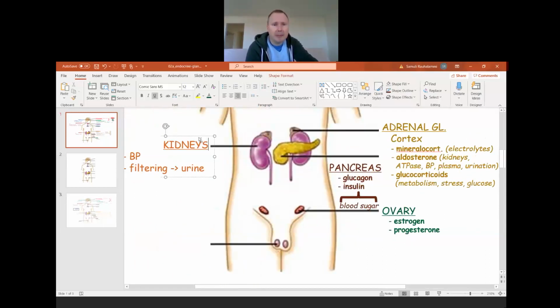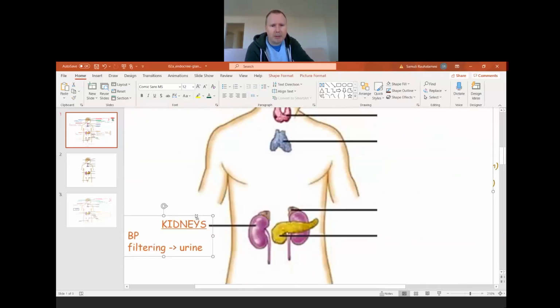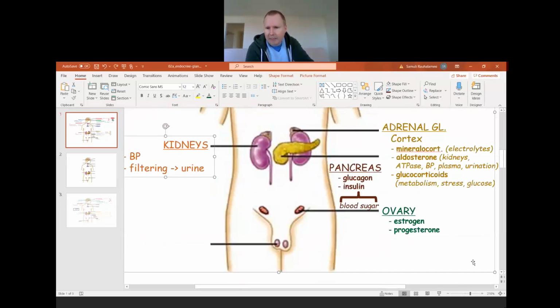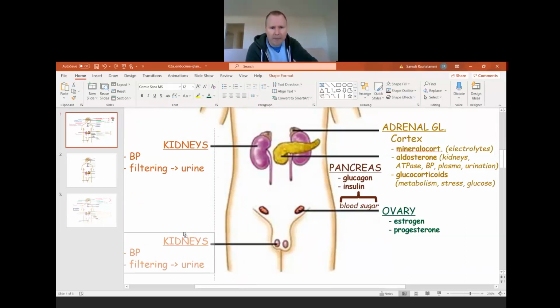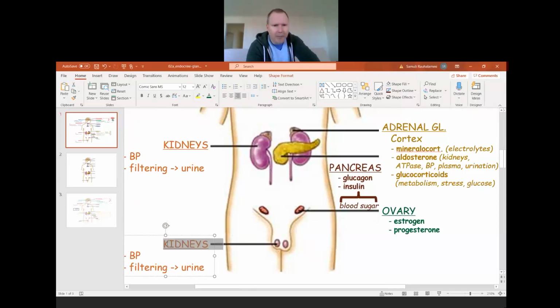Let's have a look at the males. Well, I always say that females in terms of their hormonal control are much more complex than males, which is true. So males are going to be super quick and easy to cover. We're going to be looking, of course, at the testes.